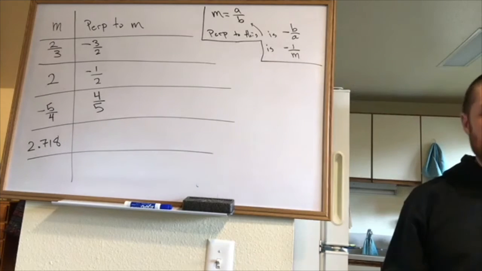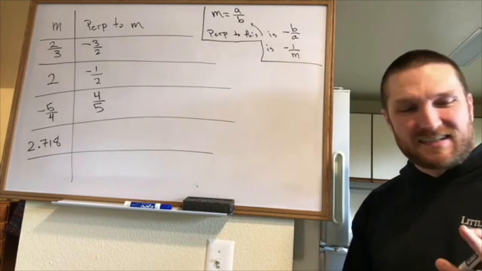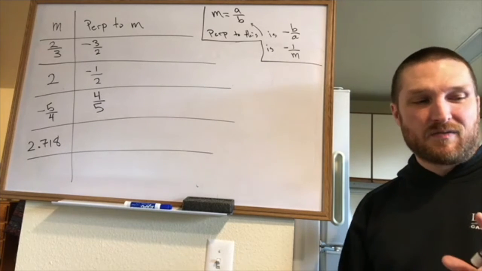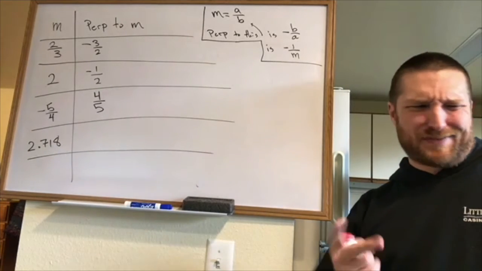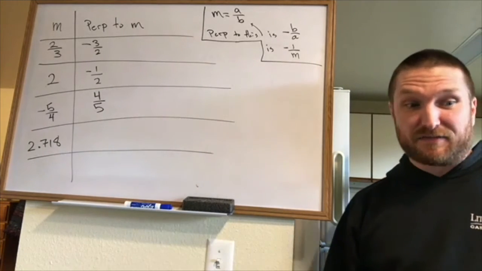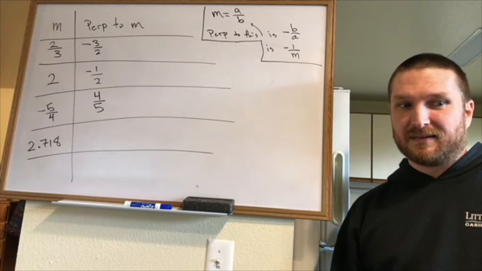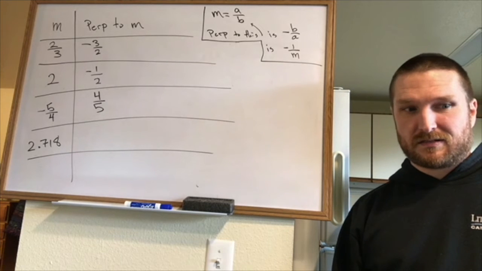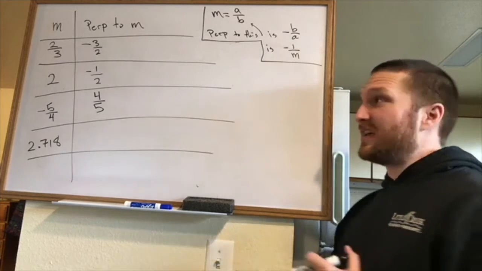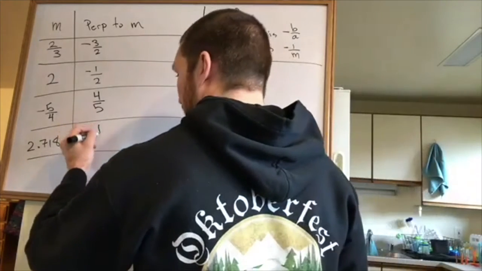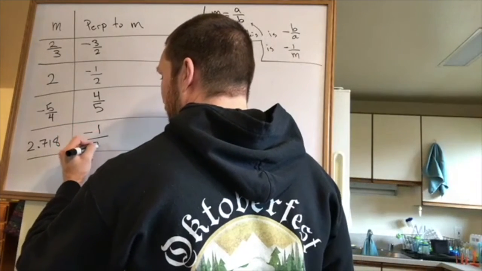This is the thing I'm getting at: it doesn't need to be harder than it needs to be. If it's already in fraction form, just flip the fraction. If it's not in fraction form, don't use your brain. Just say -1 divided by whatever the original slope is.